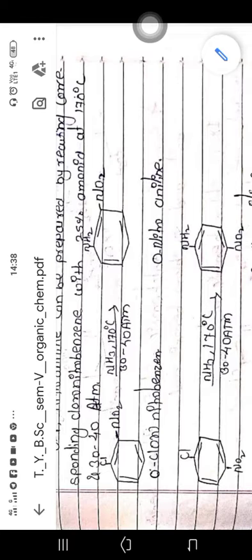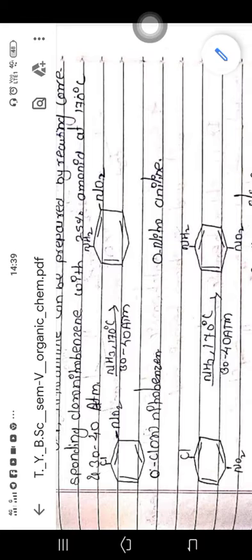In this case, in orthochloronitrobenzene, chlorine is at the ortho position, and chlorine is a member of the halogen family. These act as good leaving groups. In some cases we substitute hydrogen if present, but since chlorine is already a good leaving group, we can easily substitute the chlorine atom by ammonia.